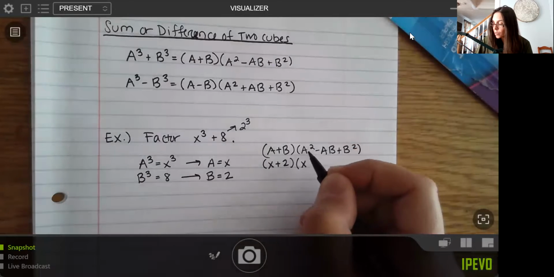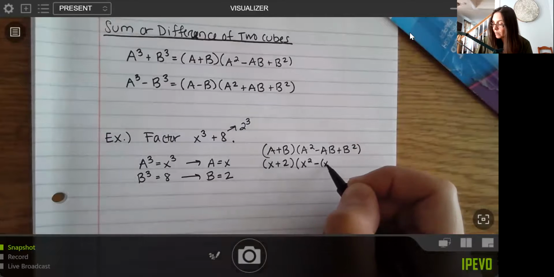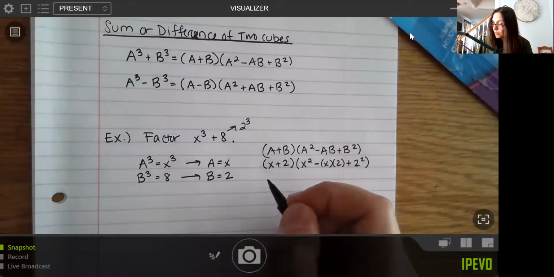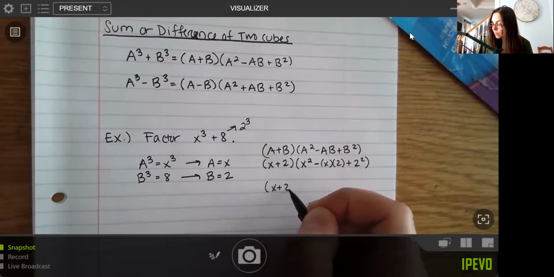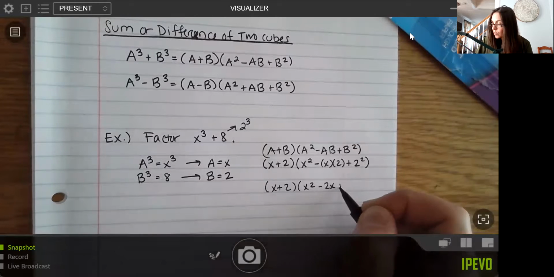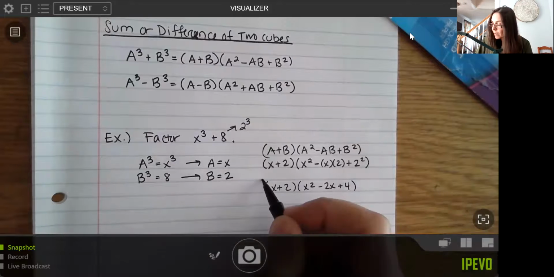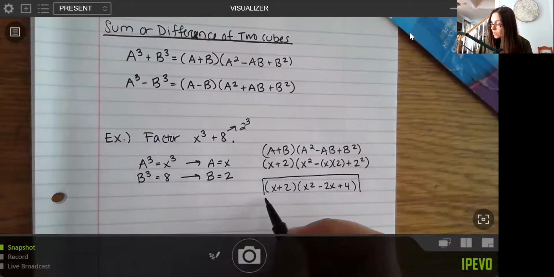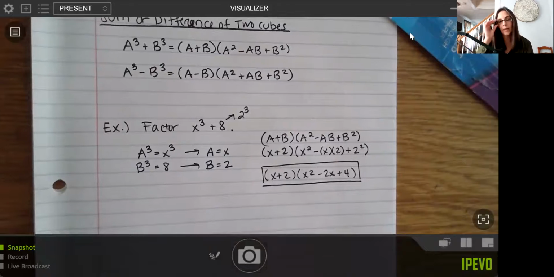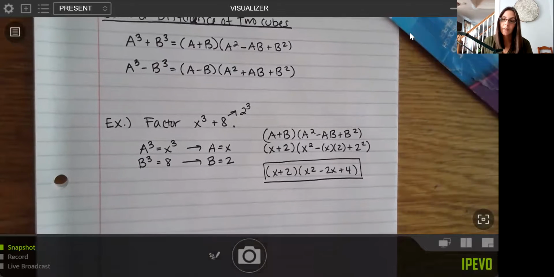So this would be x squared minus x times 2 plus 2 squared. And then I'm going to simplify it one more time. So here I'll write that as minus 2x, and 2 squared is 4. Now this cannot be simplified anymore. I know it still has a square in it, but this is as broken down as this formula gets. So that is your final result there.